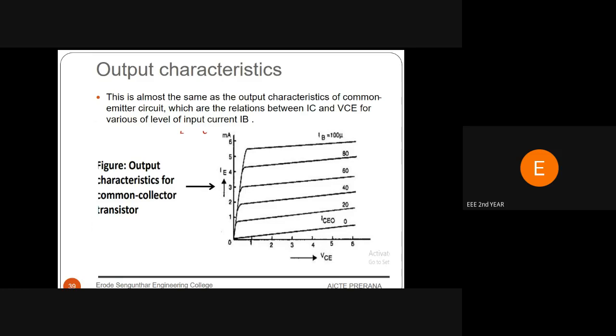In the graph, it is below the IB equal to 0 value. The third region is saturation region. In saturation region, emitter base and collector base junction are forward bias. In the graph, it is situated left from VCE equal to 0 voltage.